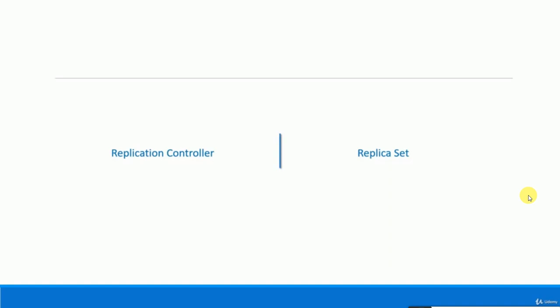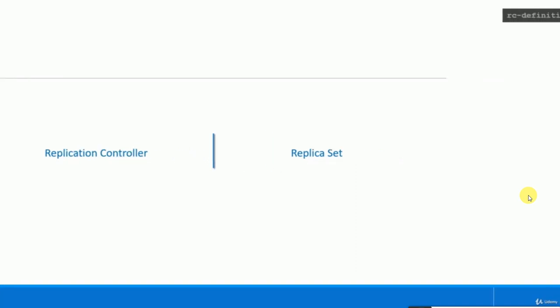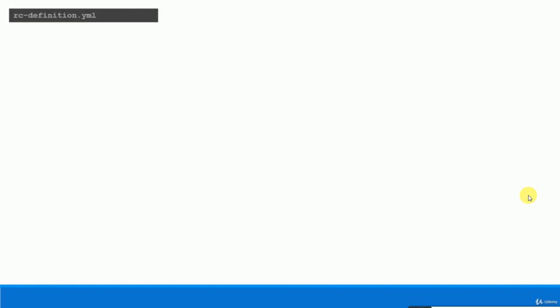However, whatever we discussed in the previous few slides remain applicable to both these technologies. There are minor differences in the way each works, and we will look at that in a bit. As such, we will try to stick to replica sets in all of our demos and implementations going forward. Let us now look at how we create a replication controller.